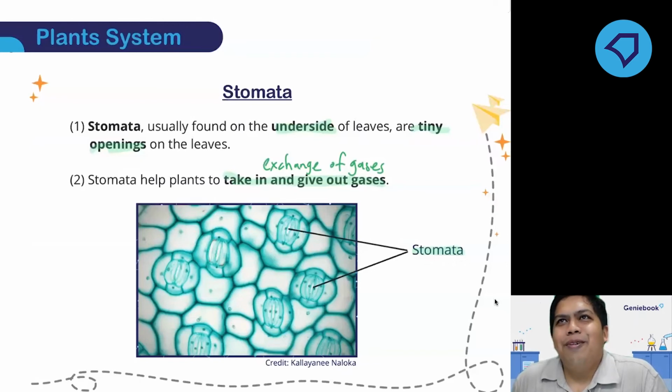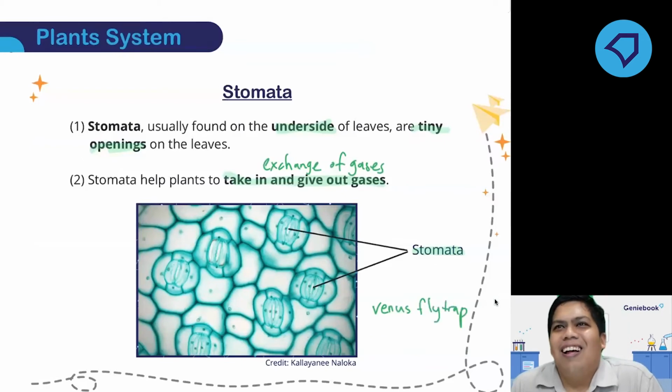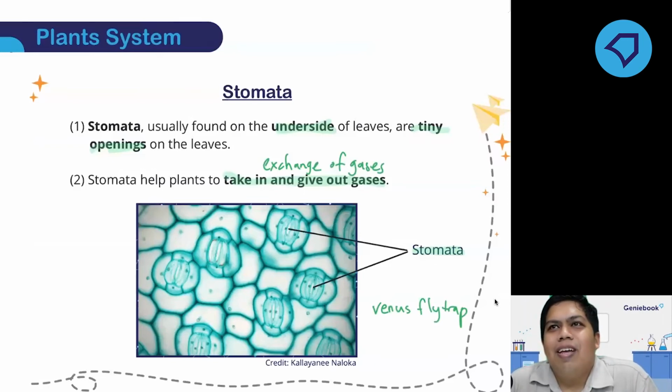Okay, we have good tries, but this is actually from the Venus flytrap plant. Interesting, right? They plucked the leaves, put them under the microscope and took a picture. How do I know? Because the person actually mentioned it in the caption. So it's from a Venus flytrap.